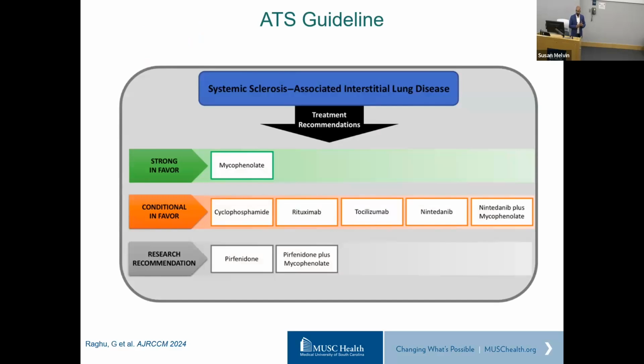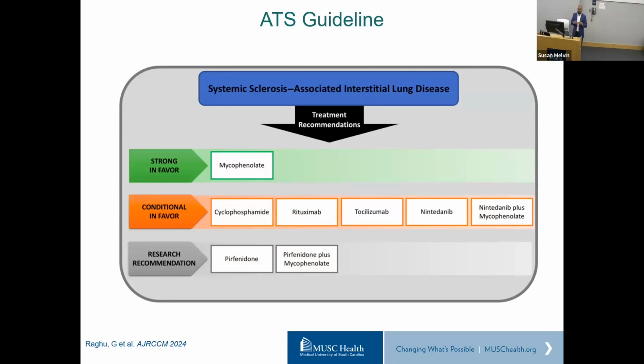We do have systemic sclerosis associated interstitial lung disease guidelines that were developed by the ATS, and this is one that Dr. Silver is a lead author on as well. As the guidelines stand, looking through all these data, because this is a heterogeneous group of diseases with each individual varying significantly in disease pathology and trajectory, there is this central group that looks at all the evidence and comes up with best practices.